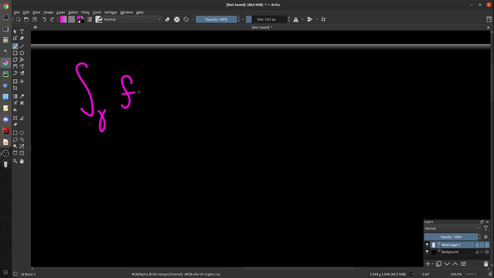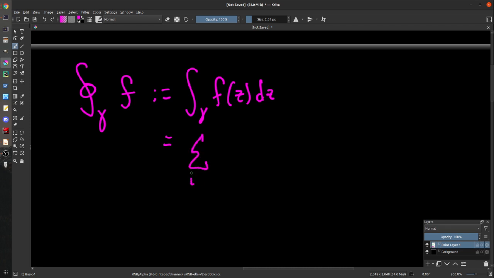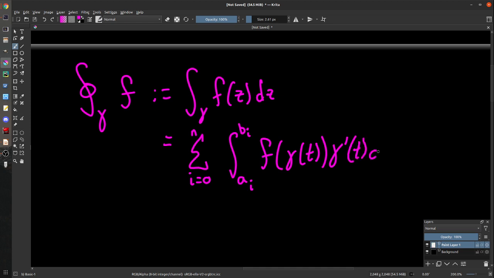So we'll write this integral like this. We'll define this to mean the integral about gamma of f of z dz, which we know is in fact equal to, and I'm going to write this as a series of equalities, the summation from i equals 0 to n of the integral from a_i to b_i of f of gamma of t times gamma prime of t dt, right?